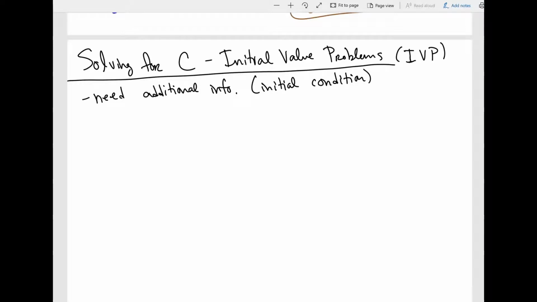So what it might look like is something like this: y prime is equal to 6x over y squared with initial condition y(1) = 2. This is what we call an initial condition.